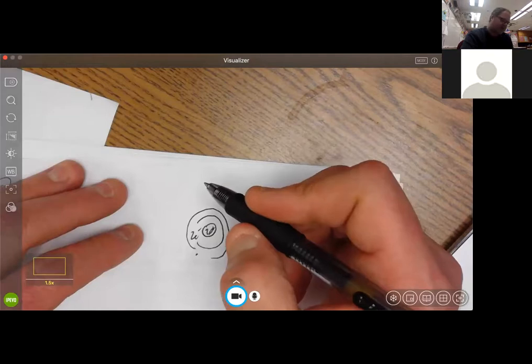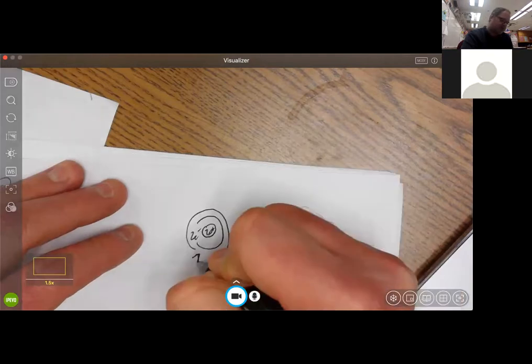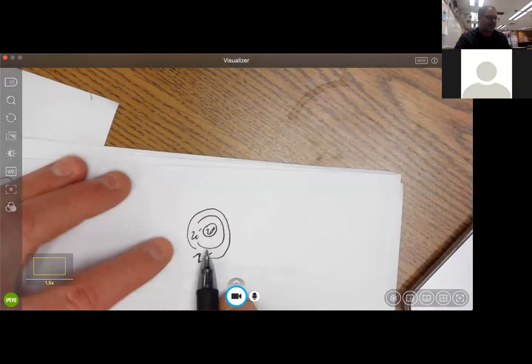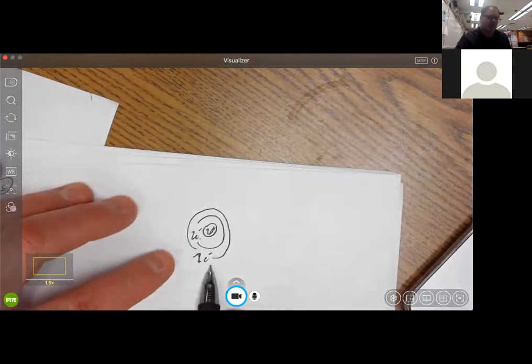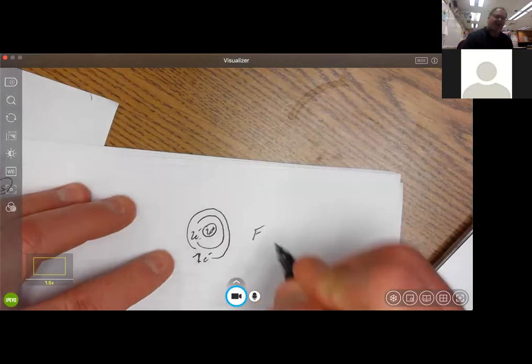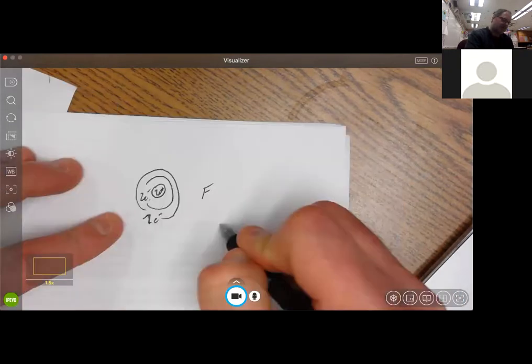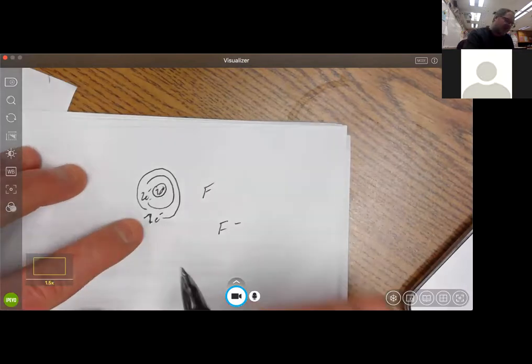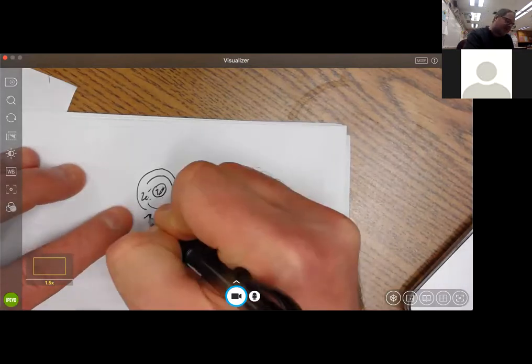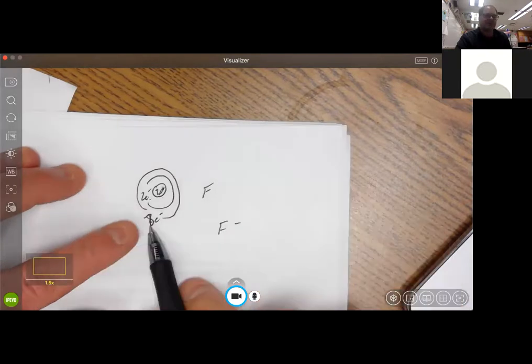Right? So fluorine would have 2 in the first energy shell and 7 in the second one. If that fluorine were to make an ion, it would gain 1 electron, and when it gains 1 electron, that fulfills that octet. So octet is basically referring to the 8.